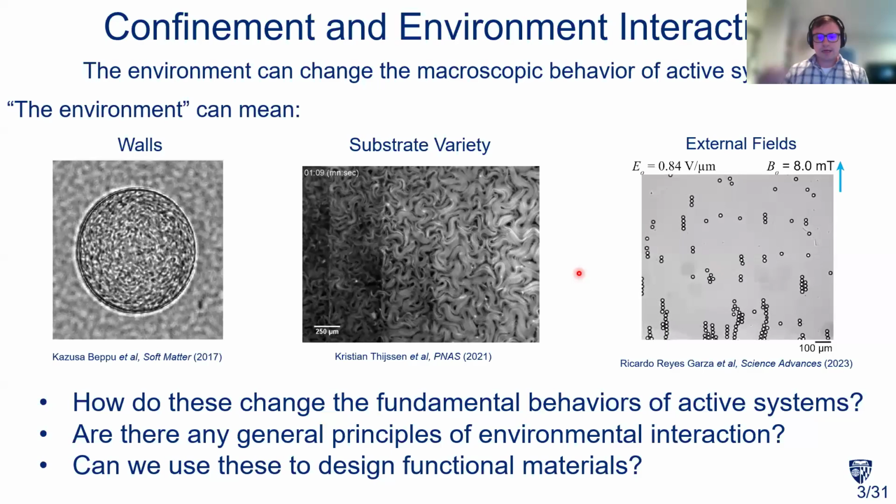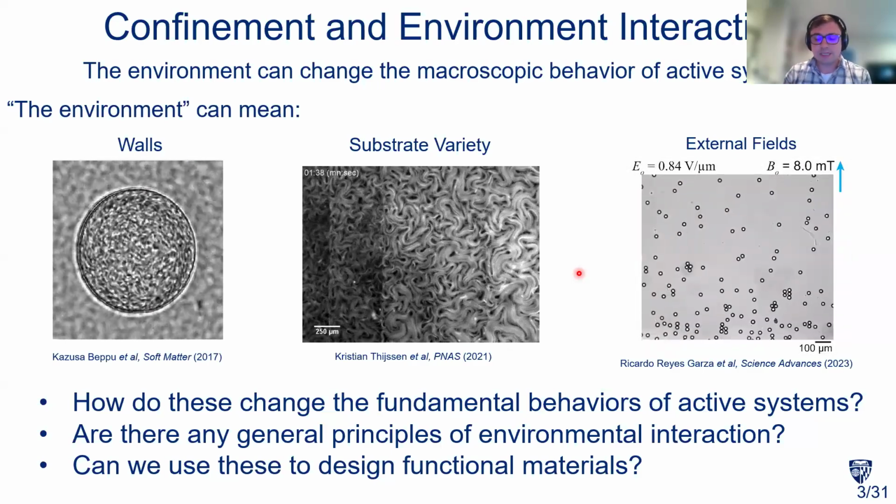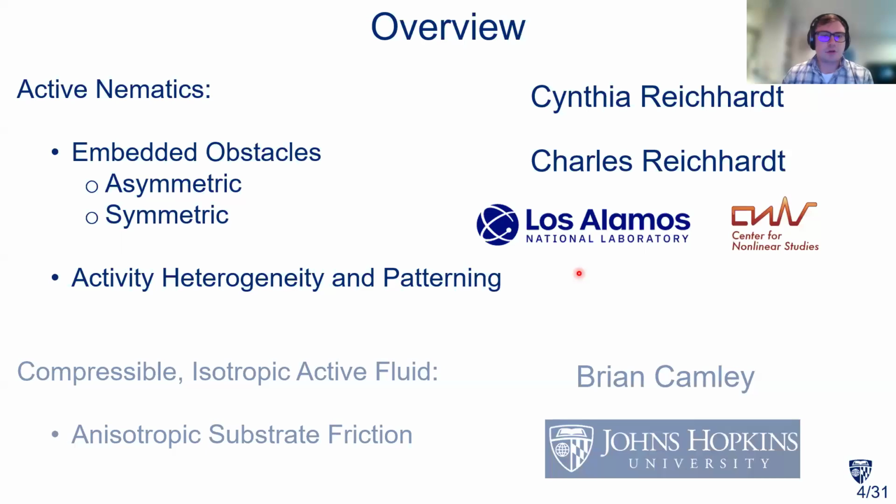What I want to talk about today is computational work that I've done in the last year and a half or so, on a couple of different types of active fluids and several different ways that we've modeled changes in the environment to these active fluids. To give an overview, in the first part of the talk I'm going to focus on active fluids called active nematics.